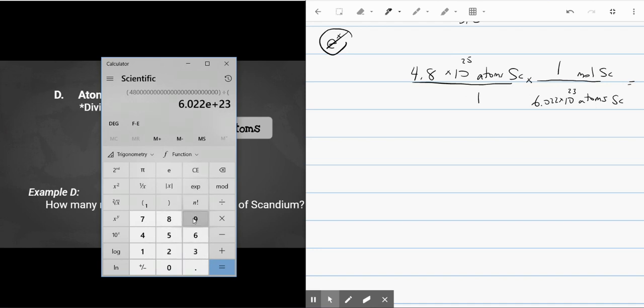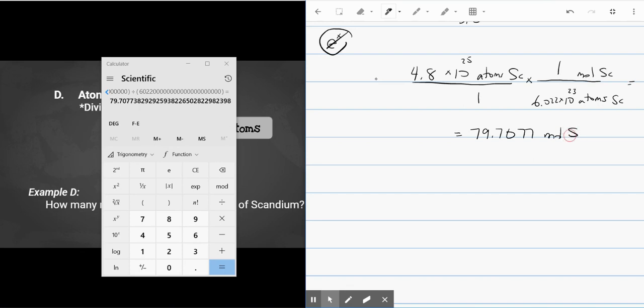And then let's close our parentheses and hit equals. There we go, 79.7. So we have 79.7077 moles of scandium.